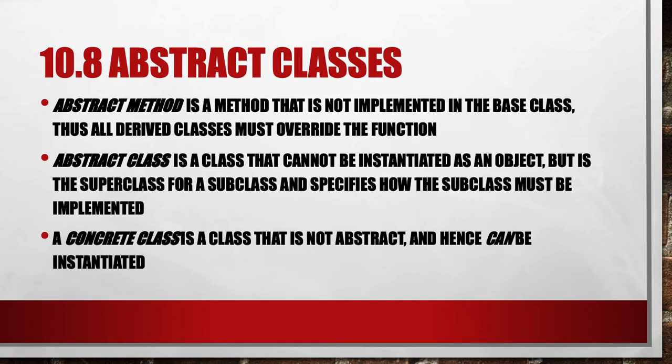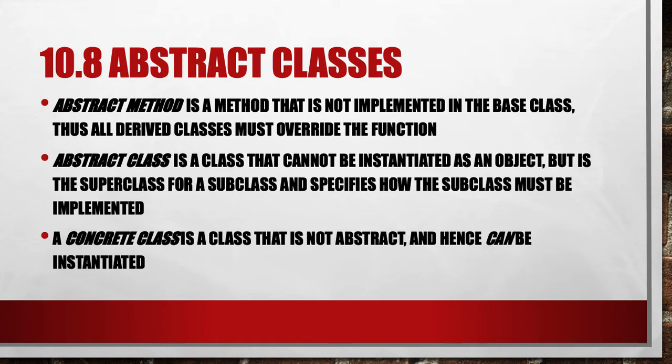So you use the abstract class as a base for subclasses. Also, an abstract class cannot be instantiated as an object. And lastly, the concrete class is not abstract and hence can be instantiated.